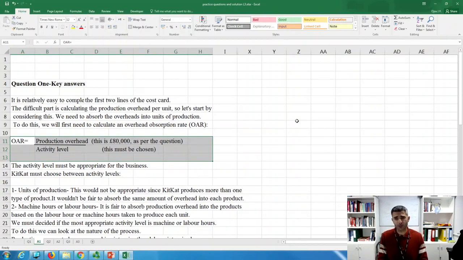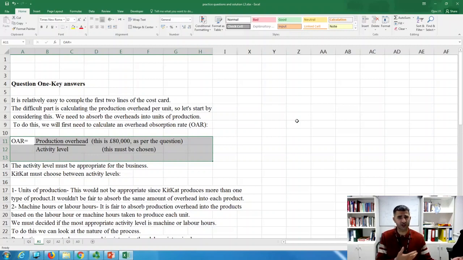If we start with number of units, would you say it's the right one? I would say no. Why no? Because we have more than one product in the question. In this case, straight away you exclude the number of units. Would you say number of machine hours or number of labor hours? Now you need to think logically. They are manufacturing chocolate.